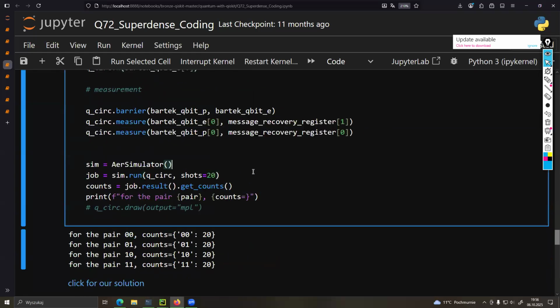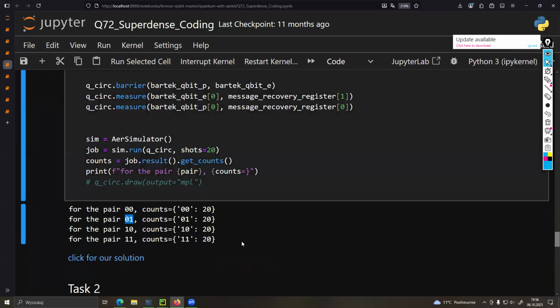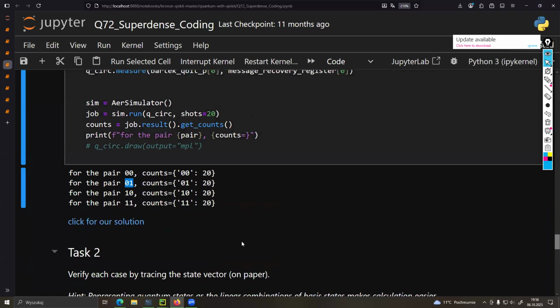So what are the results? Actually, I could decode every single combination of what the sender sends me. I can manage to decode his message or her message.